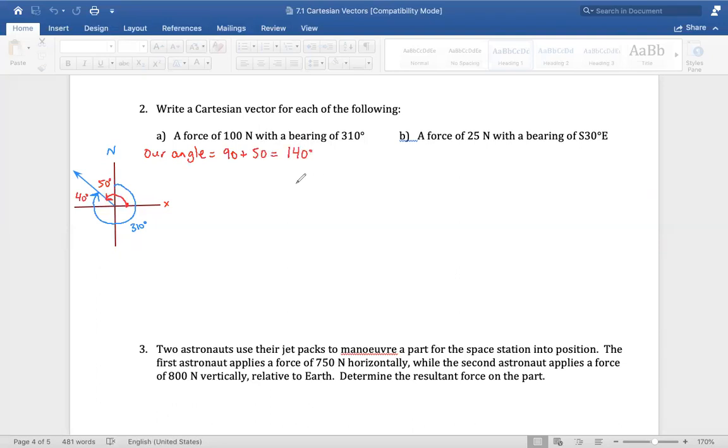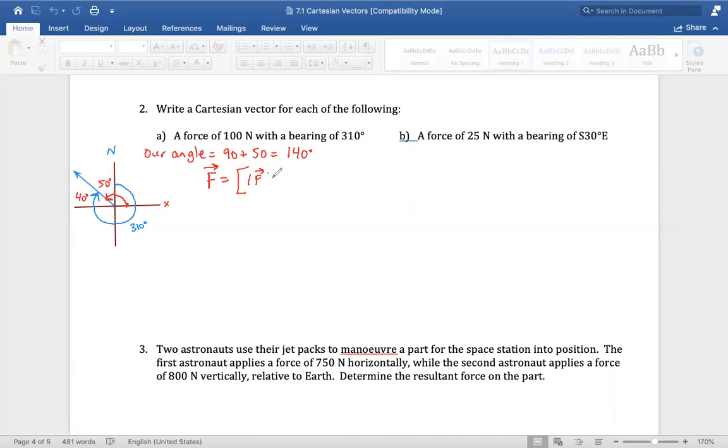That's the angle that we want to work with, because we have to start from the positive x-axis and go counterclockwise. So write a Cartesian vector. For our Cartesian vector, we want to know the horizontal and vertical components of this vector. So we're using that formula that was just at the top of the flip side of this page, the previous page. So our vector F is equal to square brackets for our components.